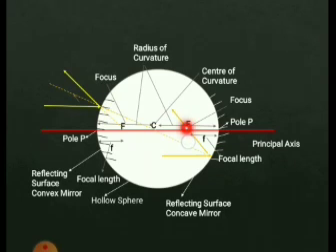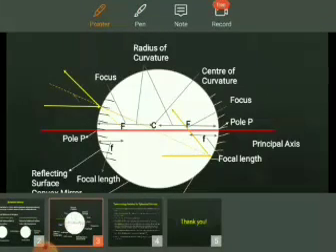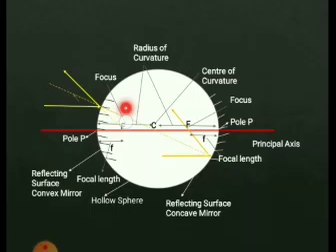It is simple logic: if the distance from center of curvature to pole is r, then half of it would be r by 2.